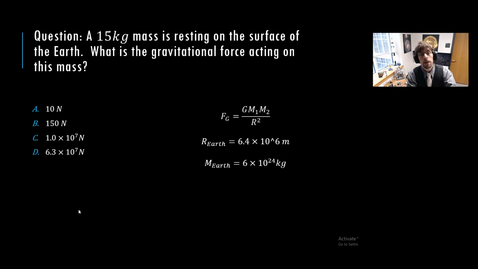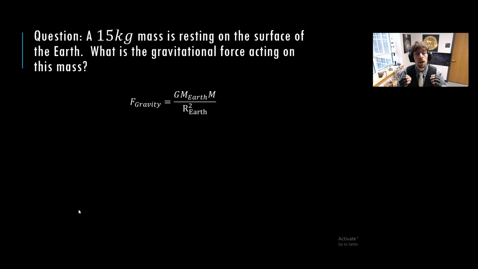Okay, so let's go ahead and walk through. And this time I got everything typed up for you. So we have our equation for the gravitational force. And I'll highlight one of the masses we're using is the Earth. And the second one is the mass of the 15 kilos. So I'll subscript that 15 kilos just to remind ourselves what we're doing.